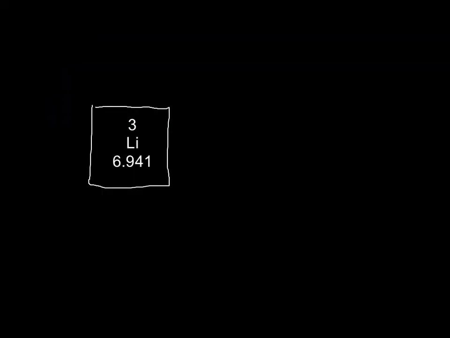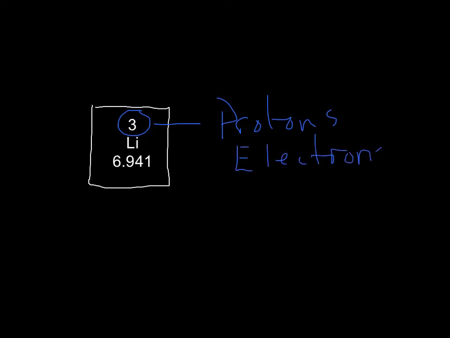Remember that when we're looking at the periodic table at an individual element, the atomic number gives us the number of protons, but is also the same as the number of electrons. Of course, we have the symbol for the element, which always starts with a capital.